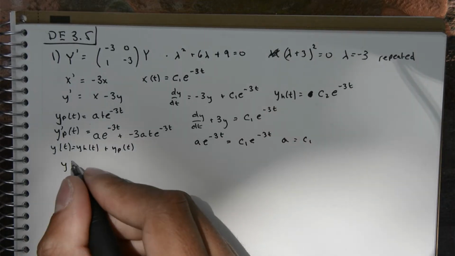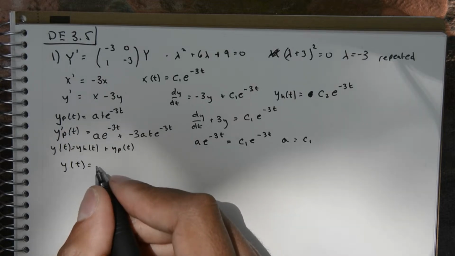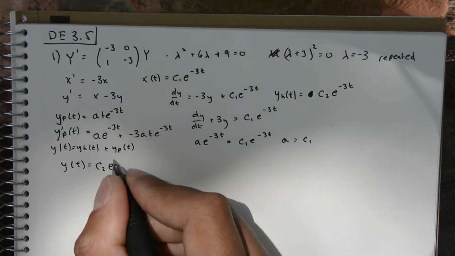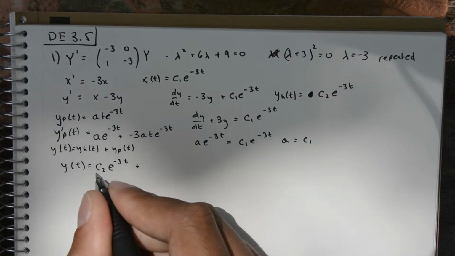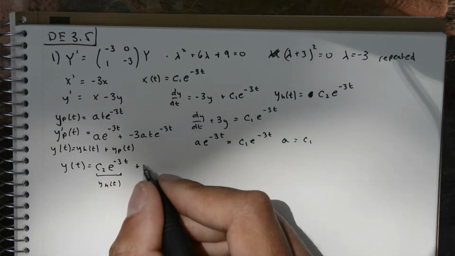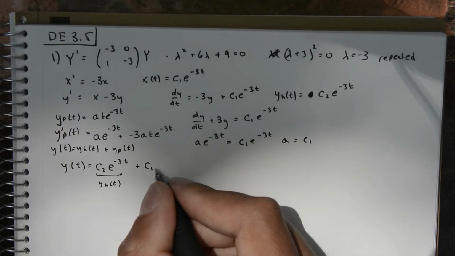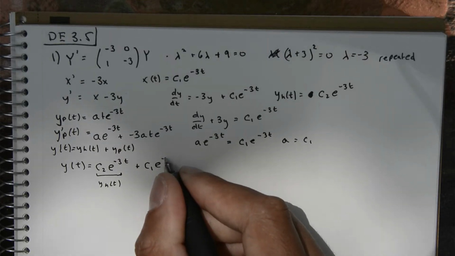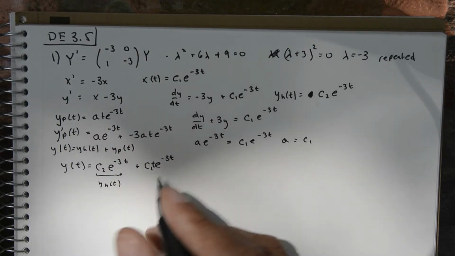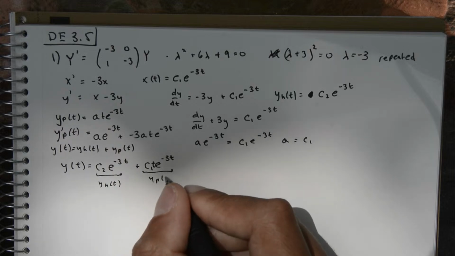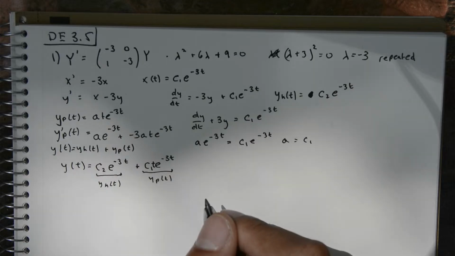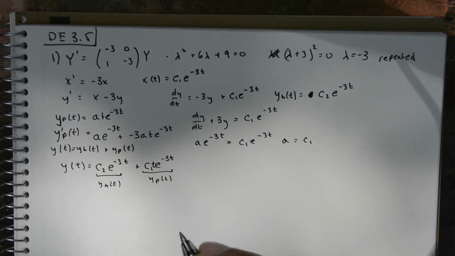So then y of t is equal to c2 e to the minus 3t, because this is the homogeneous, this is y_h, plus c1 t e to the minus 3t, and this is y_p. Okay.